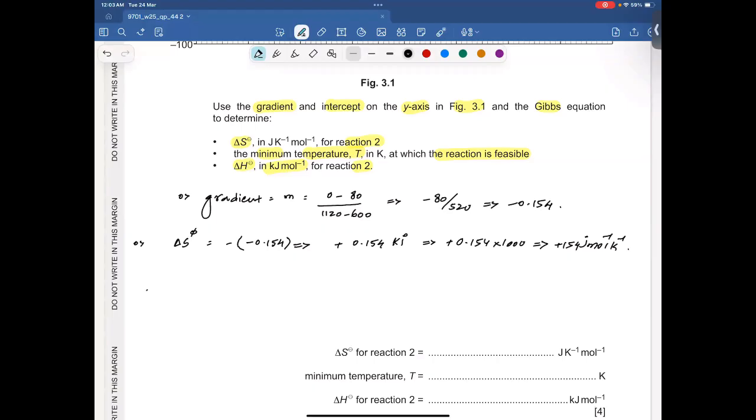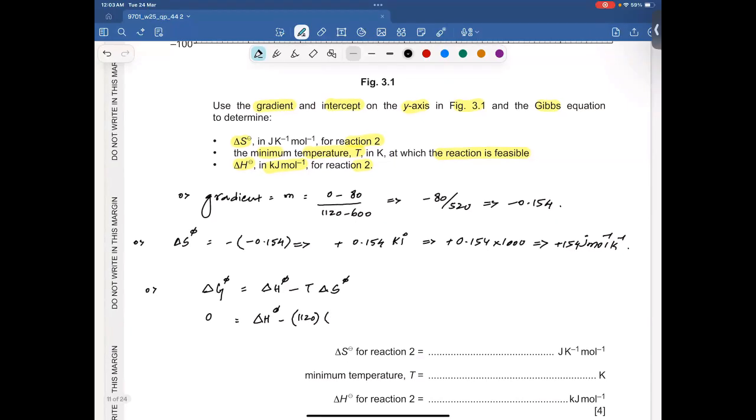Okay. Number third, delta G naught equals delta H naught minus T delta S naught. By the way, we need to find the value of delta H naught, and the temperature is going to be 1120 because at this 1120 Kelvin, the delta G naught was 0. And when delta G naught was 0, obviously at this temperature the reaction is going to be feasible. And delta S naught is basically 154.